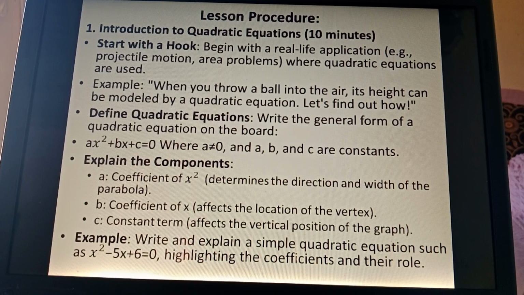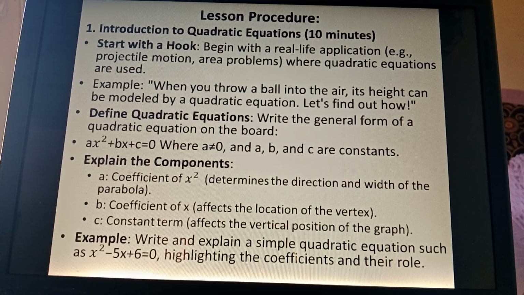A, the coefficient of x squared, determines the direction and width of the parabola. B, the coefficient of x, affects the location of the vertex. C, the constant term, affects the vertical position of the graph.